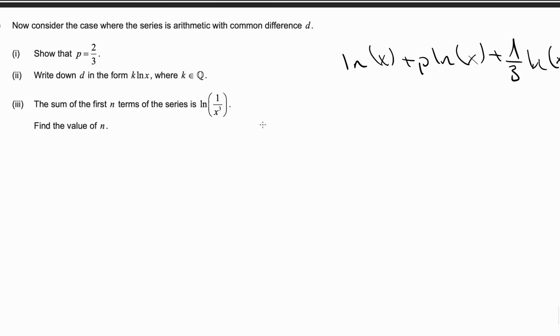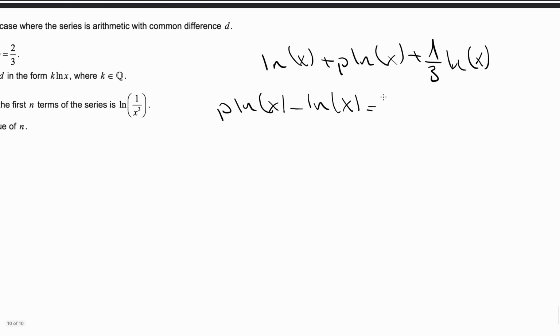And then the first part, where I have to show that p equals 2 over 3, so again just simply do p ln of x minus ln of x equal to 1 over 3 ln of x minus p ln of x, right, because their common difference is equal.